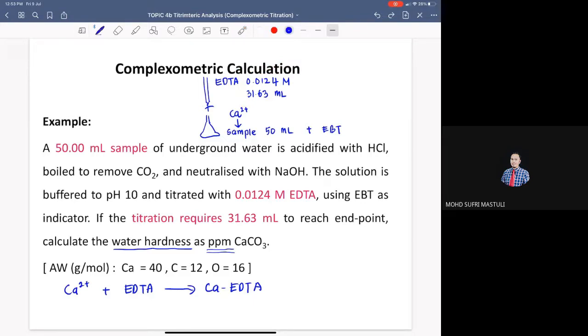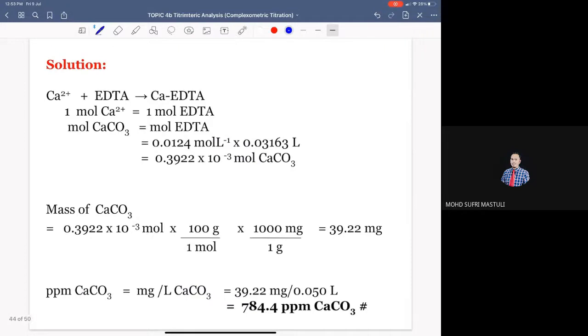From the formula of molarity, we can find the moles using mole per liter. Why is it moles of calcium carbonate here? Because the question asks about the hardness as calcium carbonate, which contains calcium 2 plus and carbonate ion.